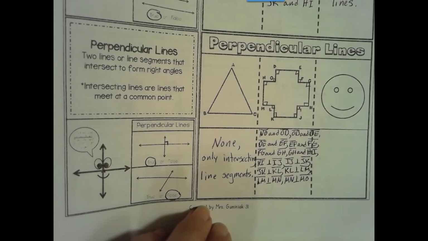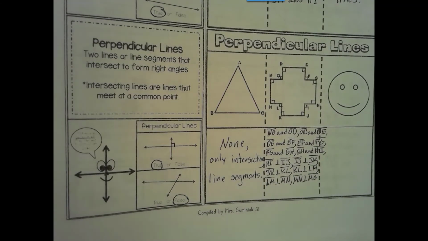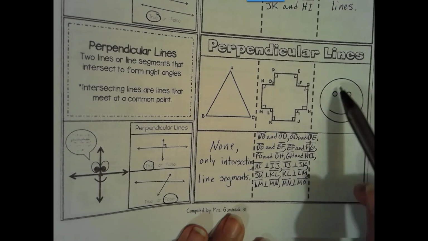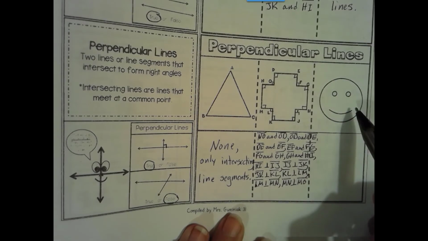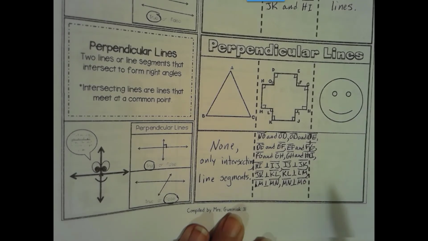So this shape had lots of perpendicular lines, lots of right angles formed. And then in this shape right here, we don't have any lines. We only have circles and curves. Lines must be straight, line segments must be straight. So we have no lines or line segments.